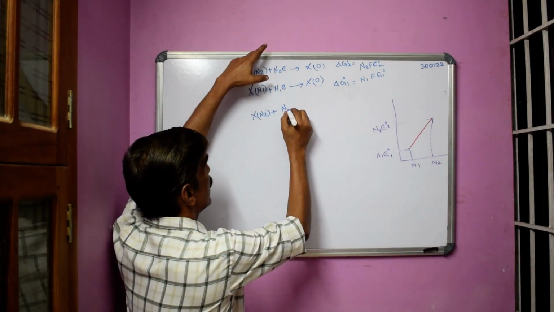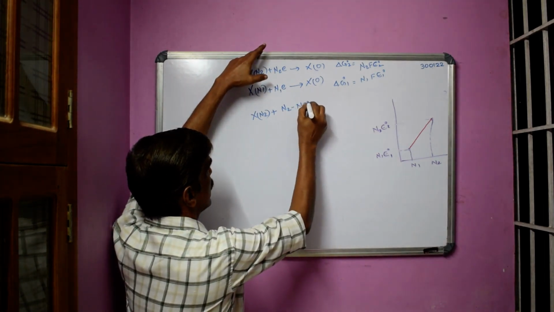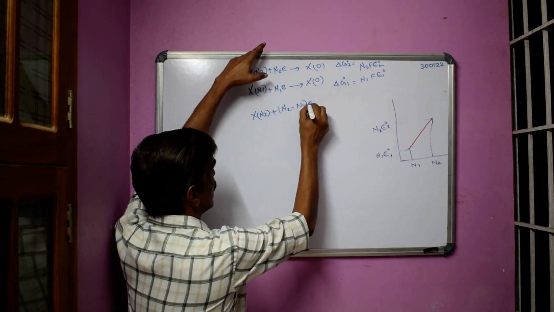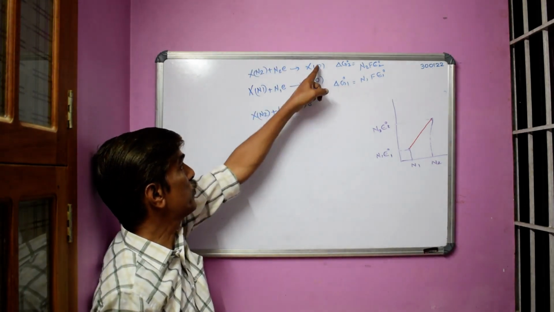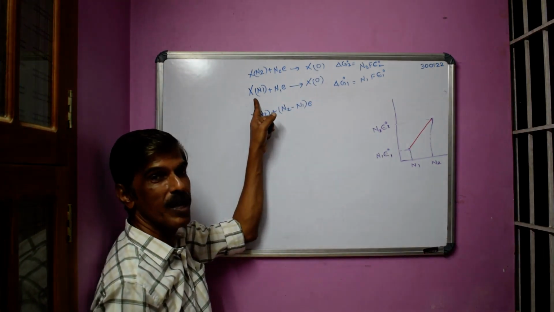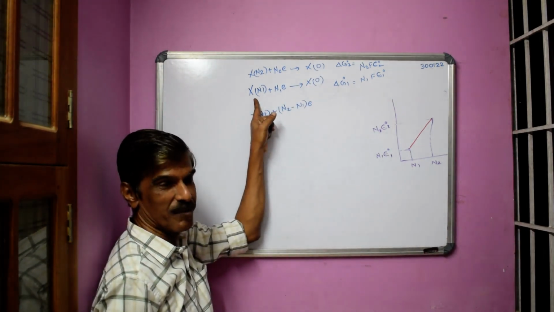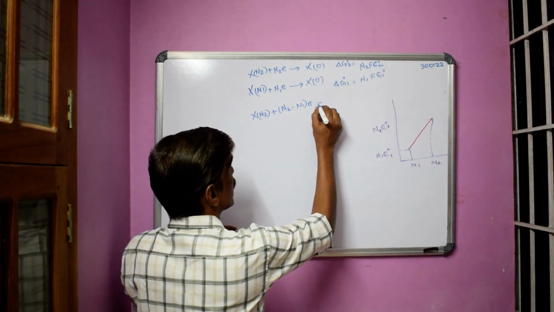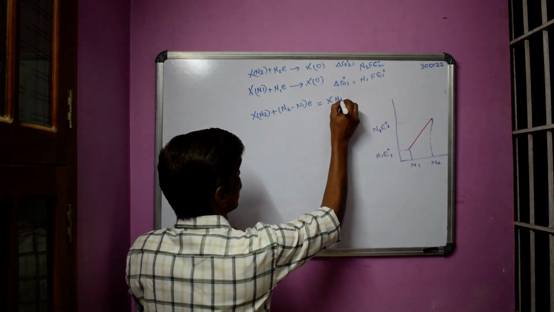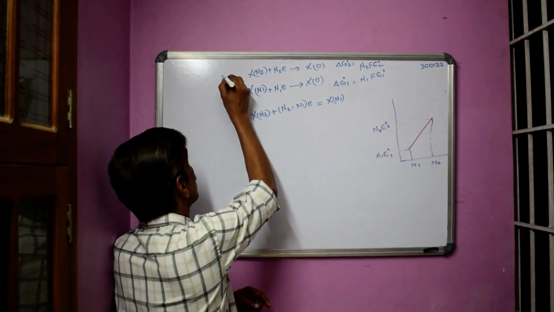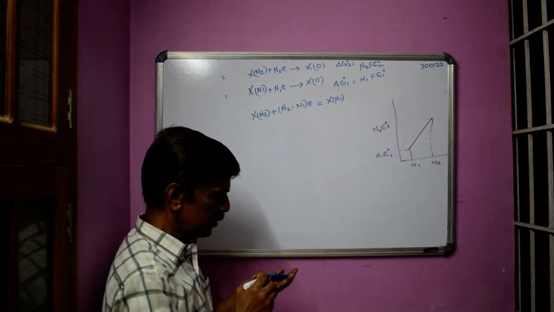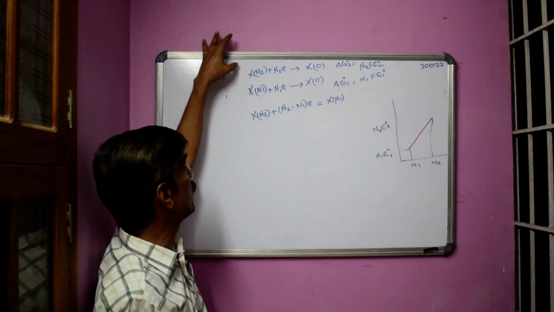This is n2 minus n1 electrons. X in the n2 oxidation state minus x in the n1 oxidation state. So if this is equation number 2, this is equation number 1. I have deducted equation number 1 from equation number 2.